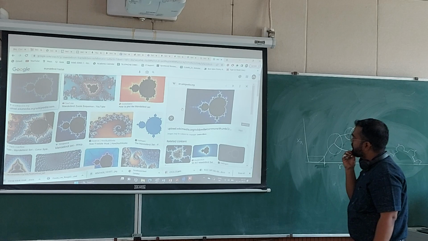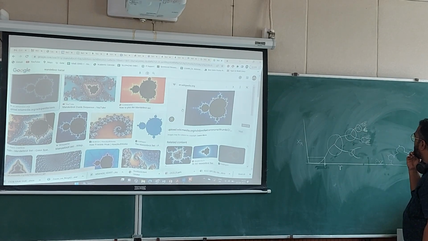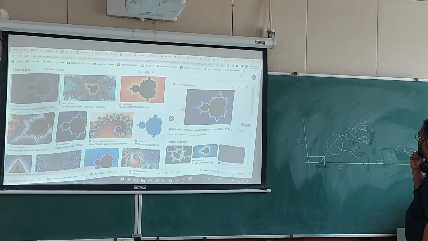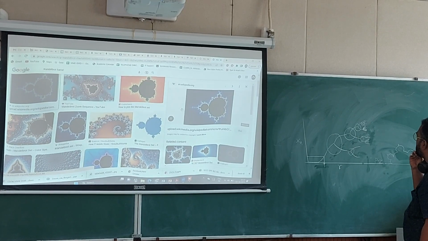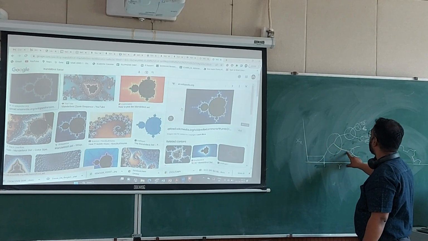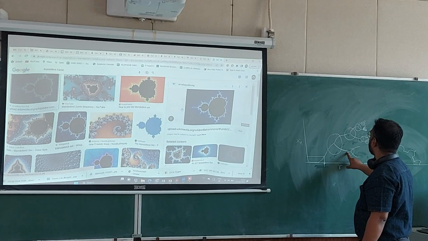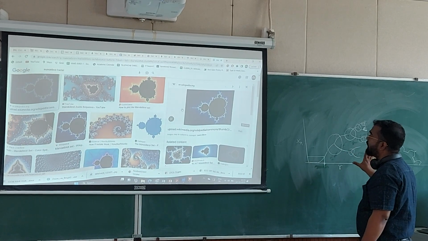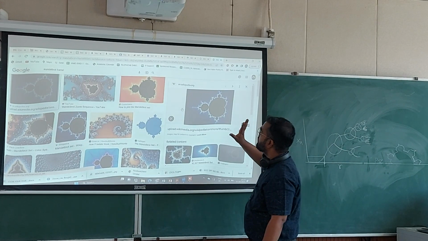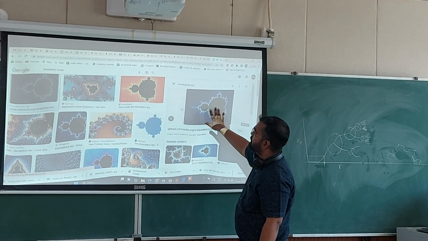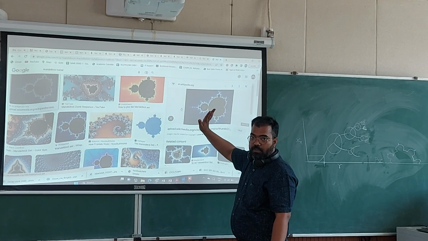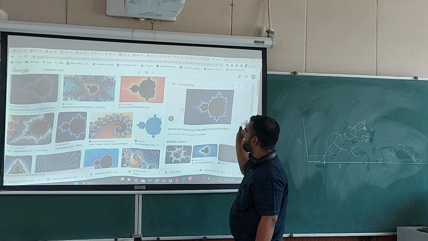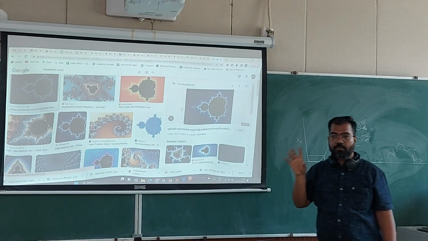The R values which are here, they are not chaotic. So I believe it may be like this, that the numbers inside this are non-chaotic and outside that are chaotic. So what is this picture?